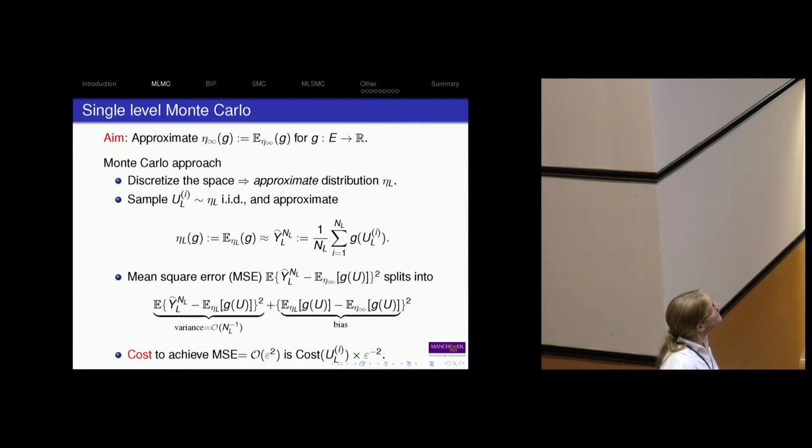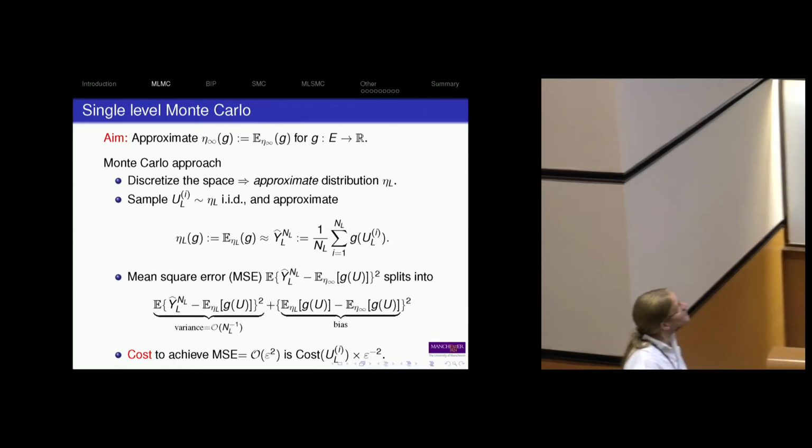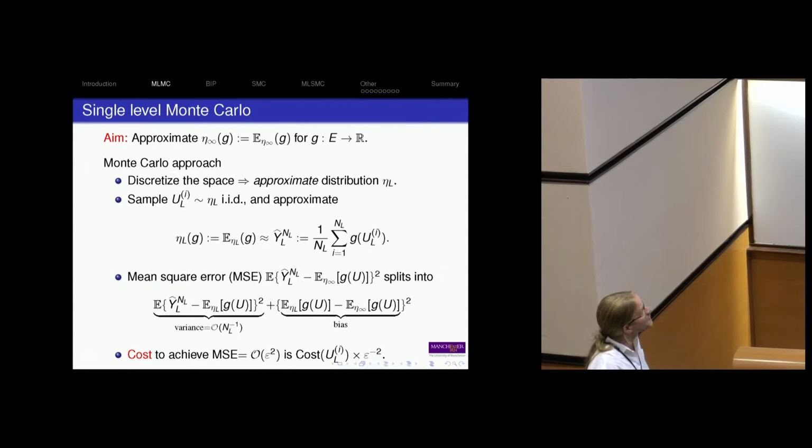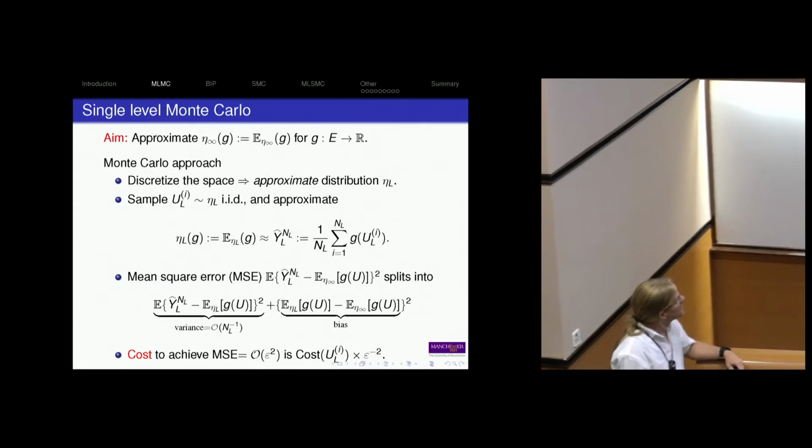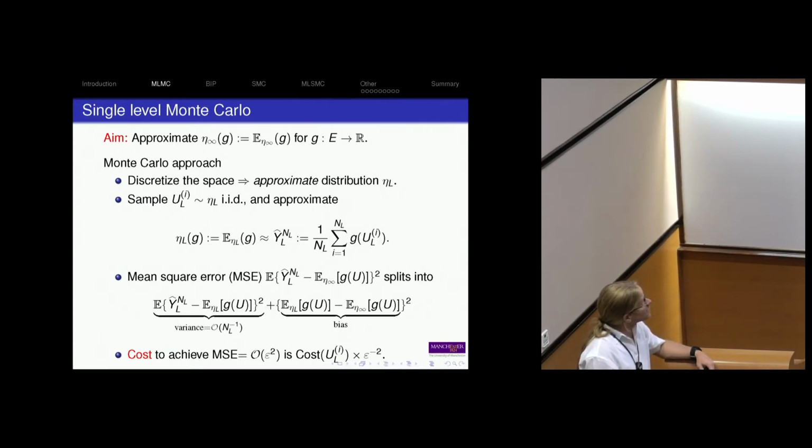So the typical naive approach would say, okay, first we discretize the space. So we approximate eta infinity by eta L capital. Then we draw some N_L capital samples, U_L^i, and then we compute this empirical average here, which is now an unbiased estimate of eta L of g.